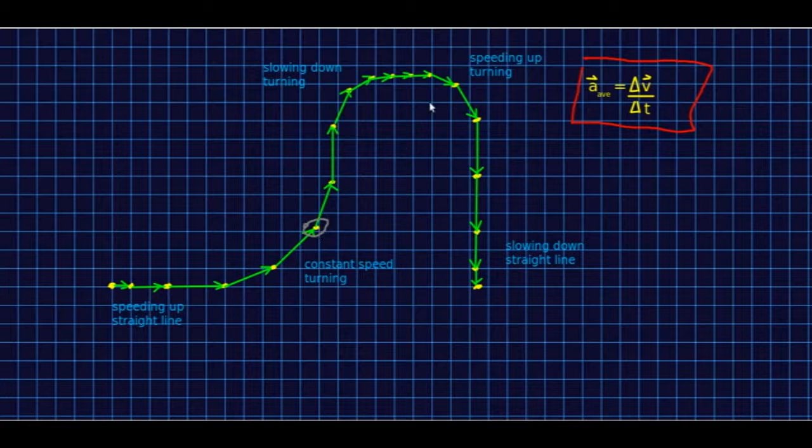And remember, we talked about how this is an average velocity over this whole time interval, but that makes it a good estimate of the instantaneous velocity here in the middle. And similarly, this average velocity is a good estimate of the instantaneous velocity here. And so now we can find an approximate delta v from this point to get an average acceleration over that time interval.